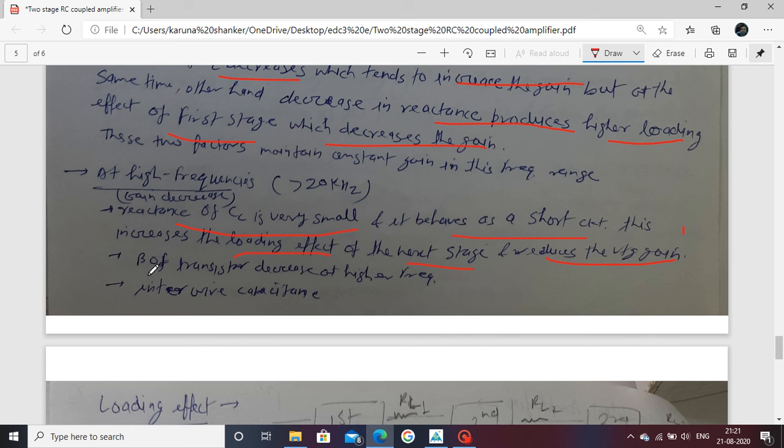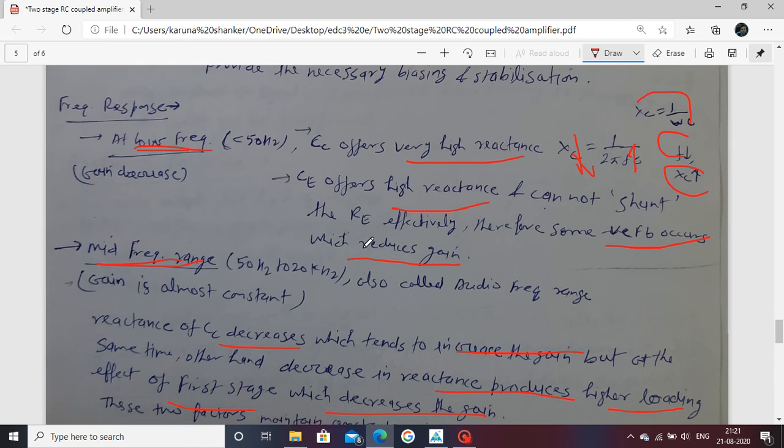Also, the beta of the transistor decreases at higher frequency. Another point is the inter-wire capacitance effect, which also decreases the voltage gain at higher frequency. Note these points to explain why the voltage gain is reduced at the higher frequency region.